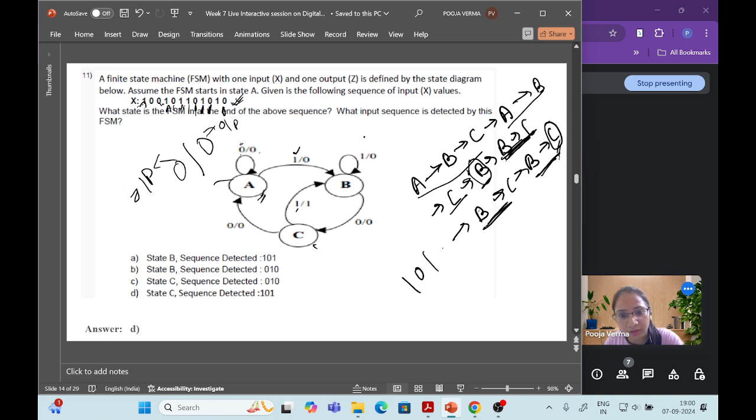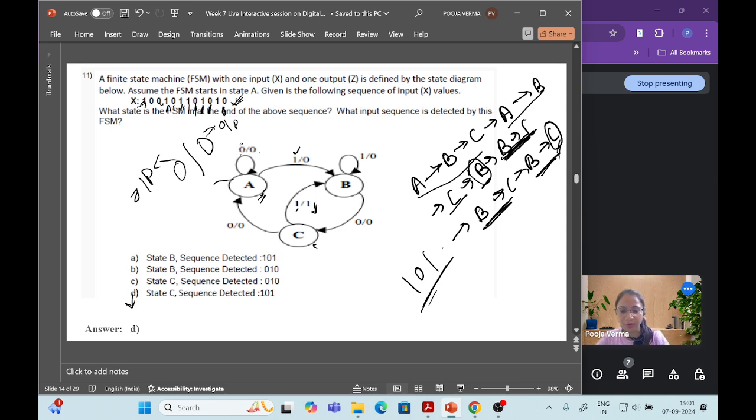That is 1, 0, 1, because the output will change when it detects some sequence. So here the output is changing. So only here we need to check. So that means the sequence will be 1, 0, 1. So option D is the correct answer for this question.